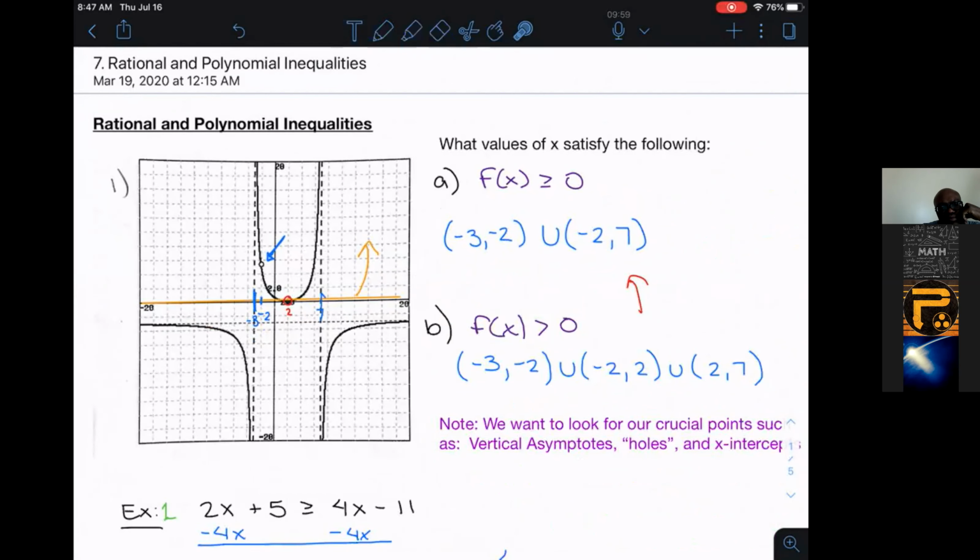But this one says that 8 is greater than or equal to any x value. That means 8 is bigger than any of these other x values, so 8 is the biggest. And that's true. We can see that 8 is the biggest number on here. All of the other ones are smaller. So these two are exactly the same thing.